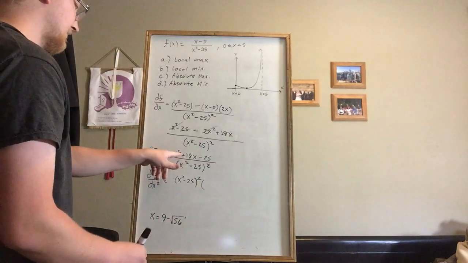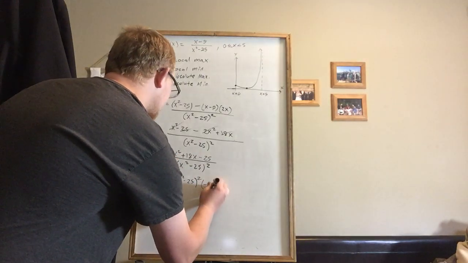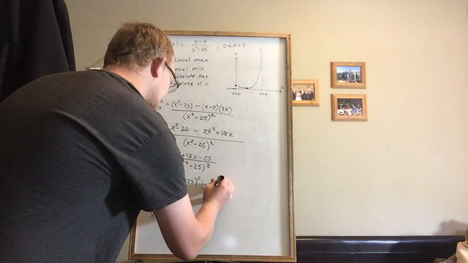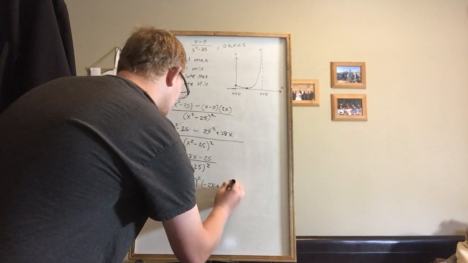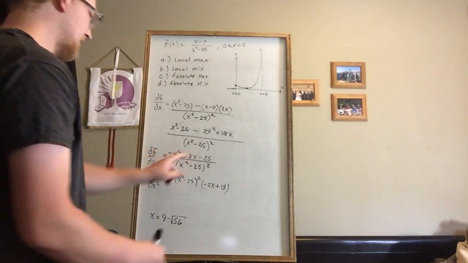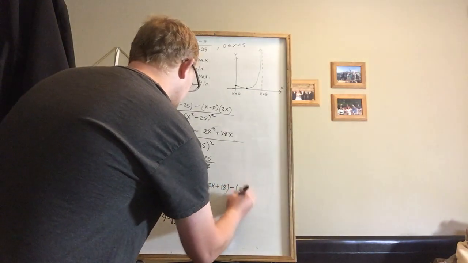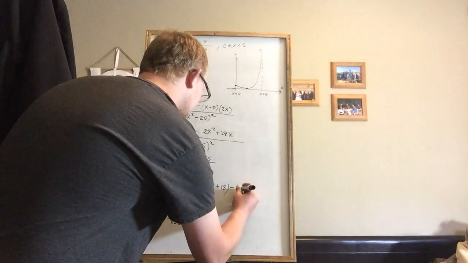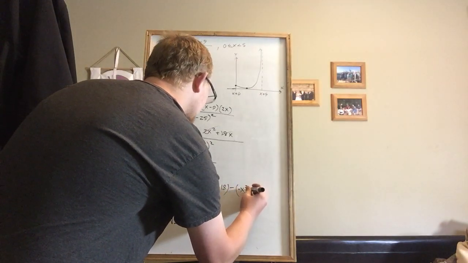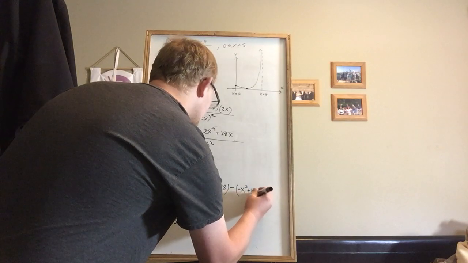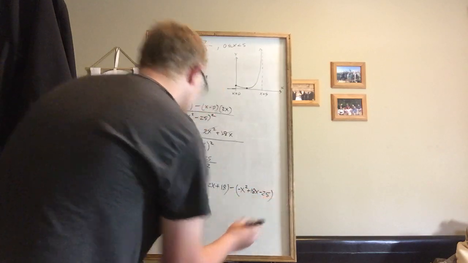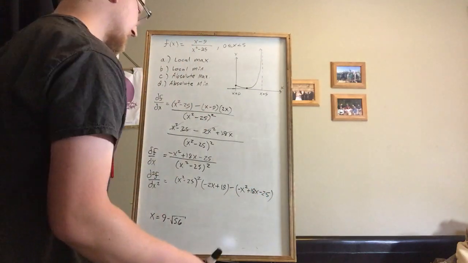D high is negative 2x plus 18. So that's low d high minus high, which is this whole expression up here, minus x squared plus 18x minus 25. D low, this one's going to be a little tricky.